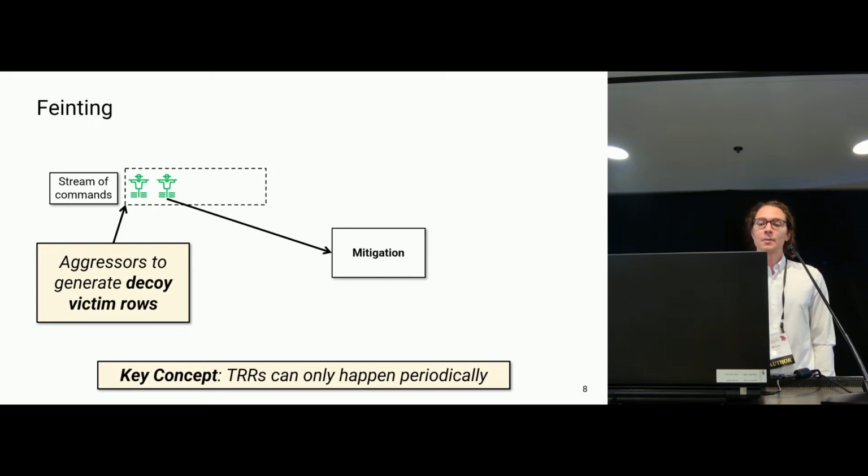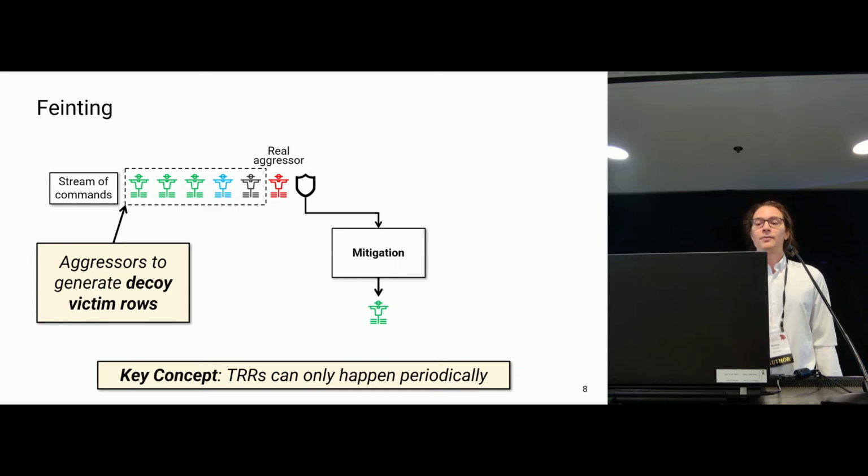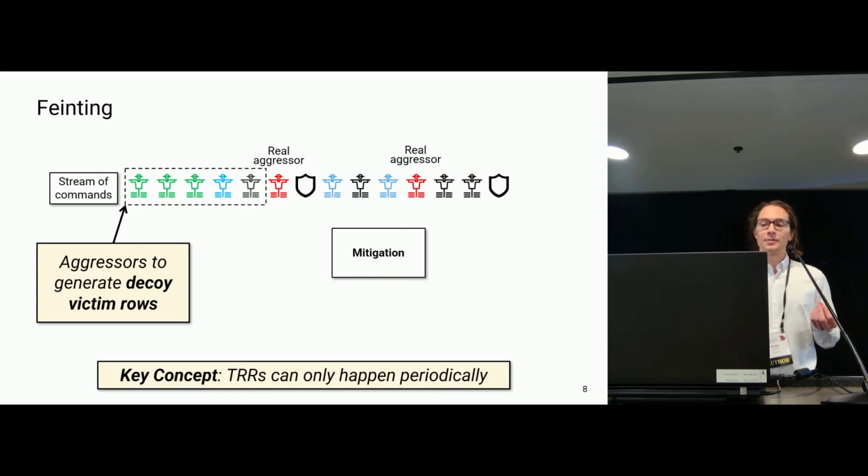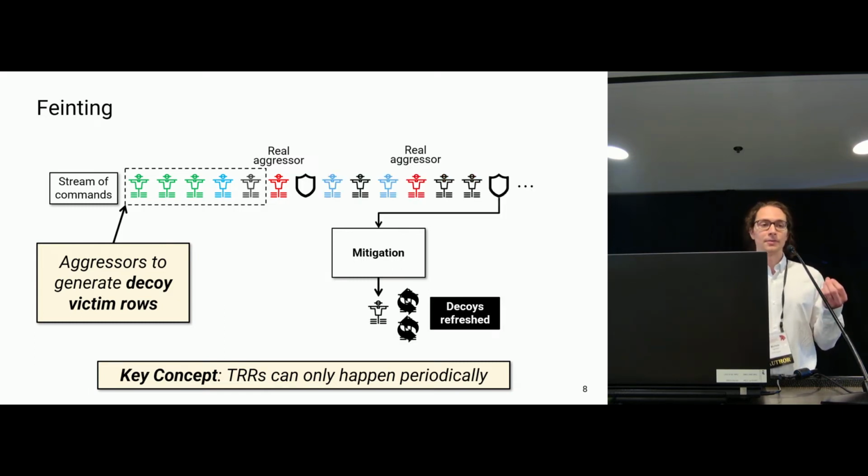As you can see, different rows' activations will somehow pollute the memory of the mitigation, but then eventually we will also activate the real aggressor that is linked to the real victim in such a way that when finally there is time for these extra refreshes, the rows that the mitigation chooses to refresh are actually decoys in place of the real victim. And this can be repeated indefinitely.